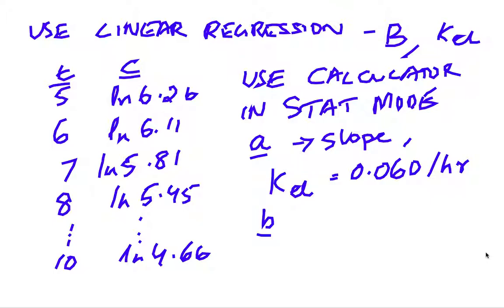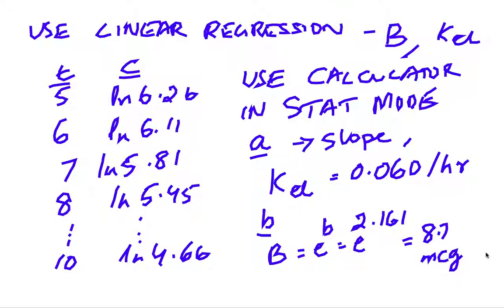To calculate the intercept uppercase B, you have to do e raised to B, which is e raised to 2.161, and you get 8.7 micrograms per ml. I'm going to round it to one decimal place.